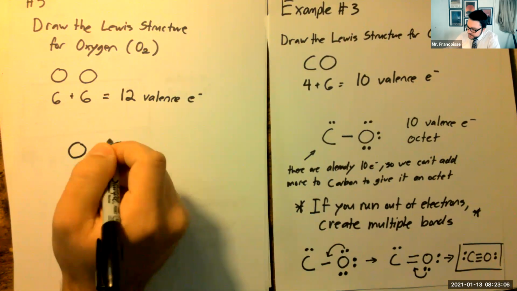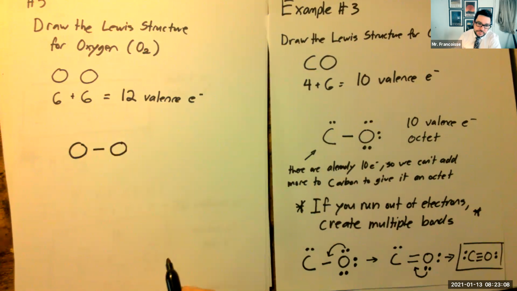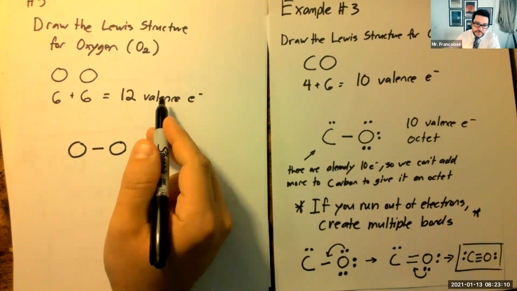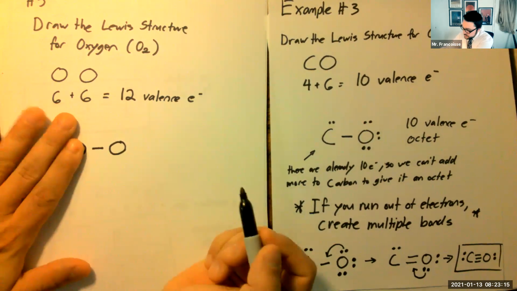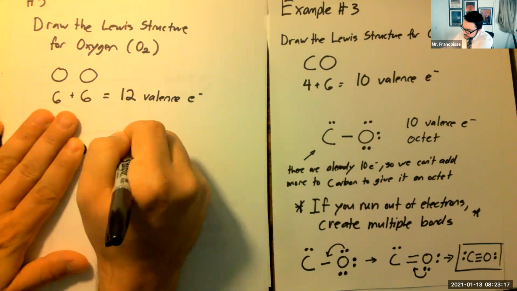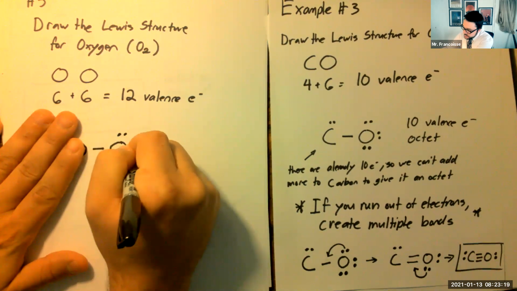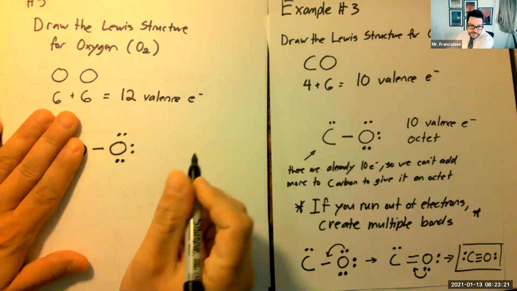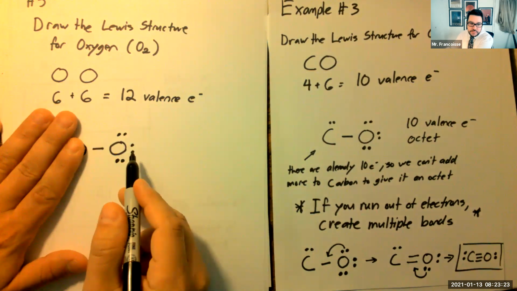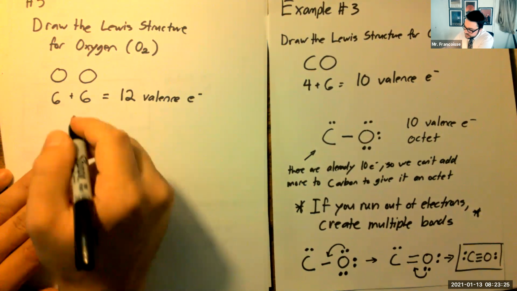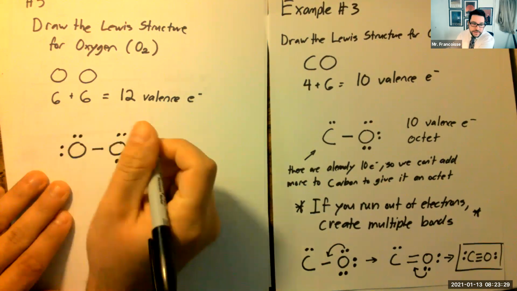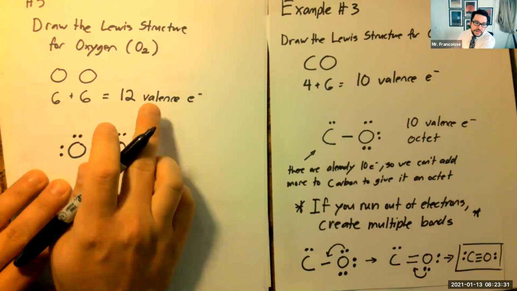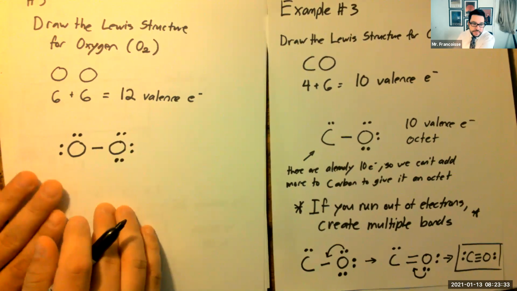So we're going to draw this out with a single bond here, and we're going to use up these electrons here. So we have 2, 4, 6, 8. Now this is full. 10, 12, and then we stop because this has 12 electrons around it.